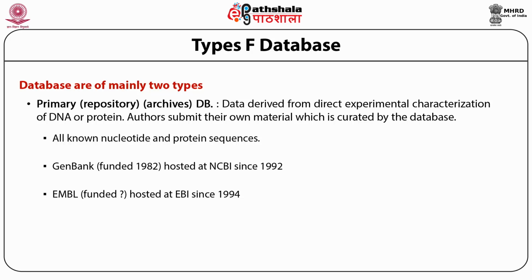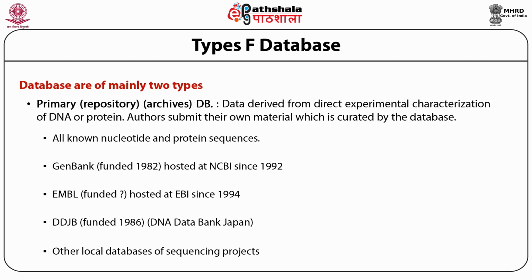Another is from Japan, that is the DNA Data Bank of Japan, which was founded in 1986 and is available online. So these are the three major nucleotide sequence databases, known as the primary databases, where whenever anybody gets any data from their biological or experimental study, they have to store all the data in these databases, and that's why they are known as primary databases.